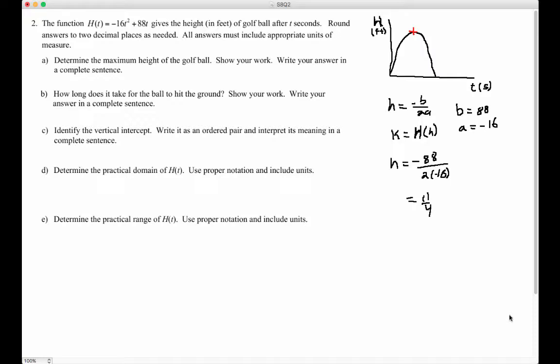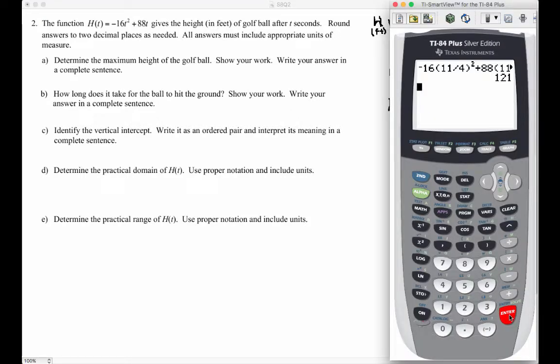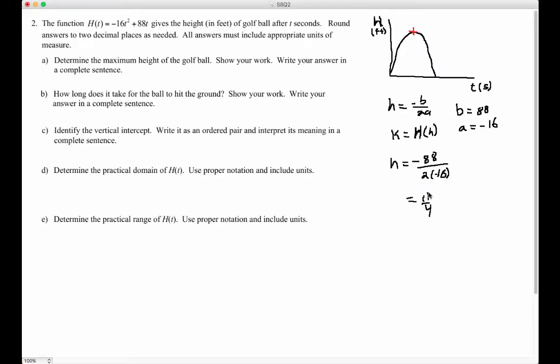Okay, so that tells us that at 11/4 of a second, let's actually see what that is as a decimal, by the way. 11 divided by 4 as a decimal is 2.75. So in 2.75 seconds, we'll reach the maximum height of 121 feet. So our k value here is going to turn out to be 121 feet.